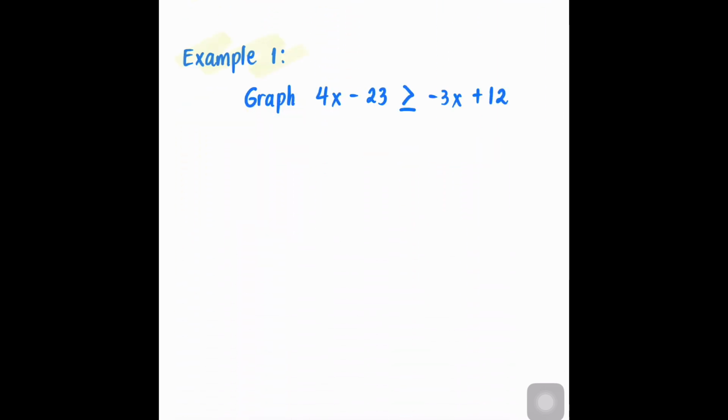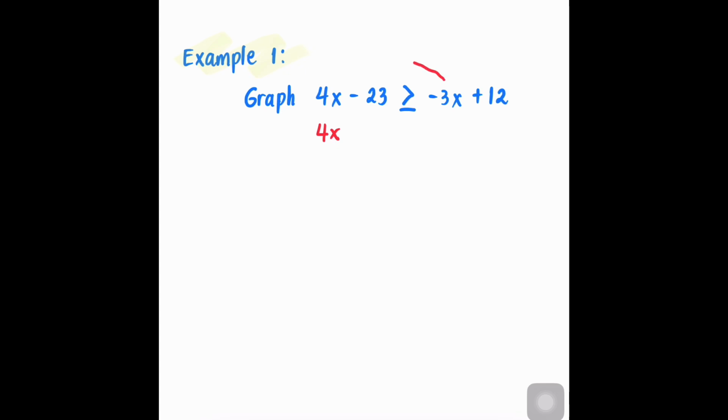Graph the given inequality 4x minus 23 greater than or equal to negative 3x plus 12. So first, in order for us to graph the inequality, we need to solve for it. So solving, we put all the terms with x on the left-hand side. So 4x we just copy.